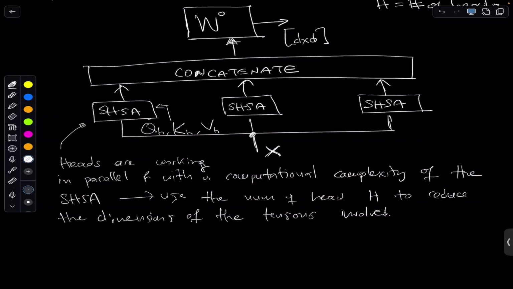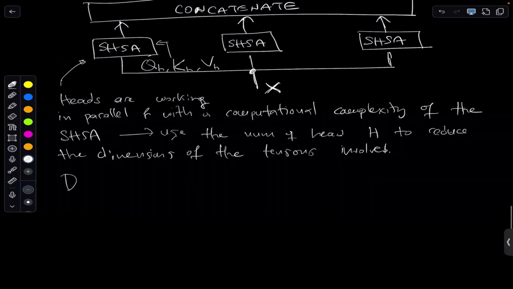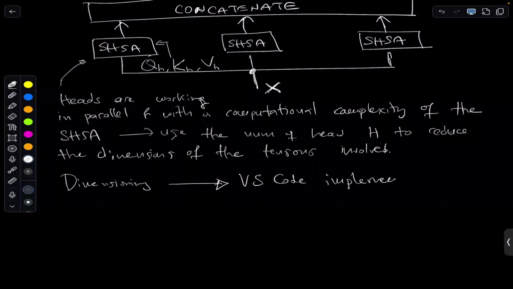The next discussion will be the dimensioning of this multi-head self-attention. As I said, let's postpone the dimensioning until we look at a Visual Studio Code implementation of an actual model.